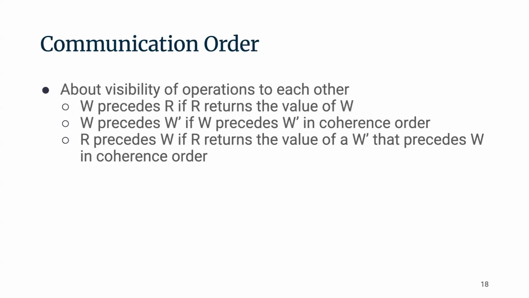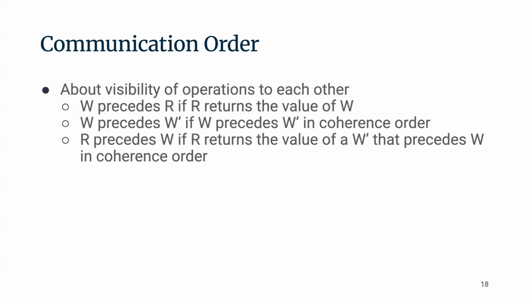Communication order is about the visibility of operations to each other. So W is before R if R returns the value of W. So if the write is visible to a read, we say that it precedes the read in communication order. Or a write precedes another write if the write precedes it in coherence order.